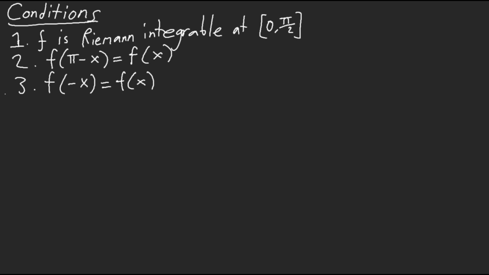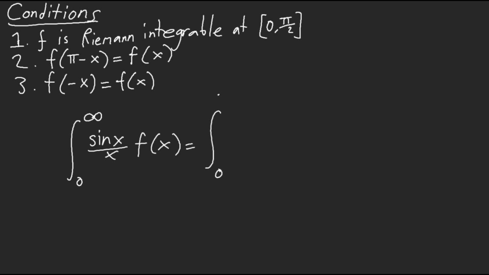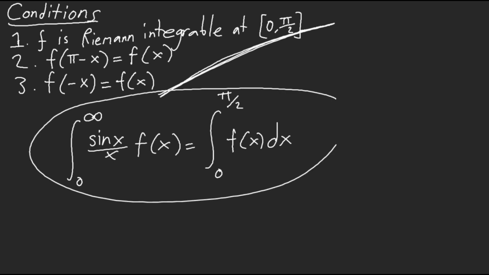Then this will satisfy the theorem, the Lobachevsky trick. Sine of x over x times f of x will equal from 0 to pi over 2 simply f of x dx. Just keeping these conditions in mind, you can then use this Lobachevsky trick.